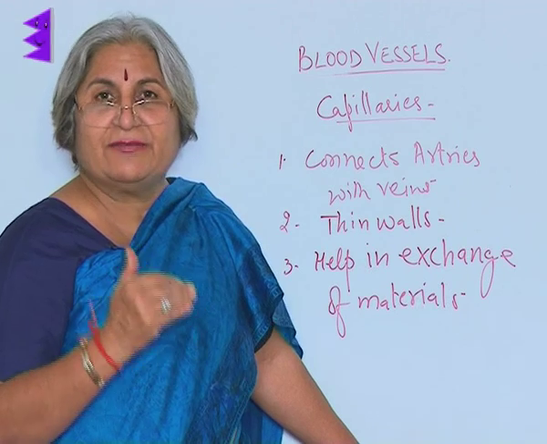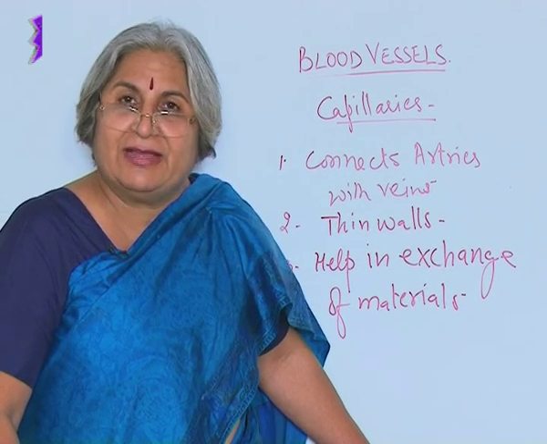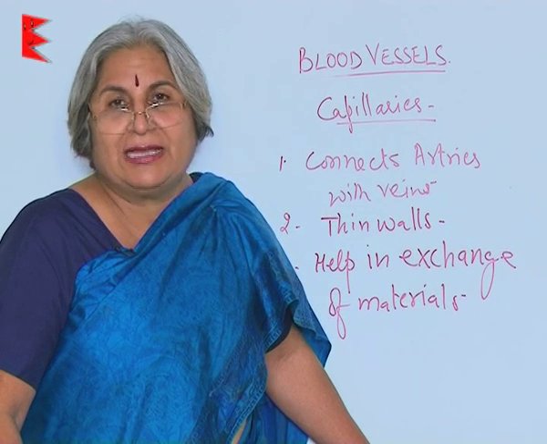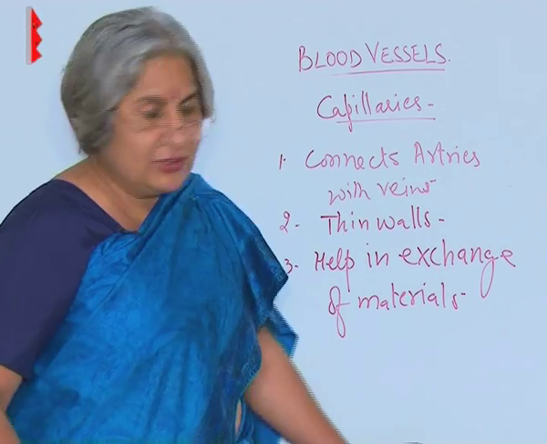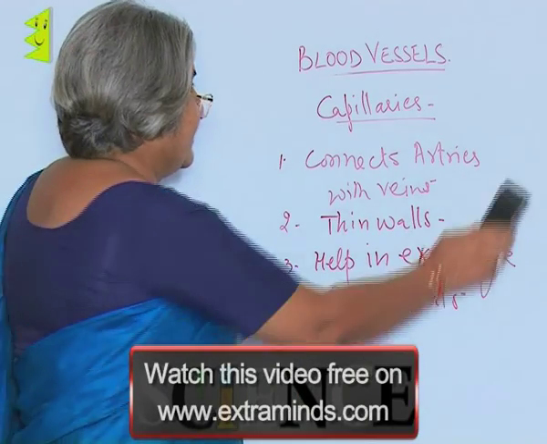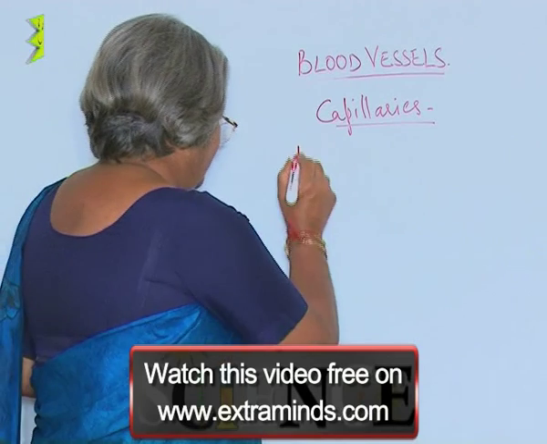In other words, we can also say that arteries break up into very fine vessels called capillaries which join together to form veins. So, it looks something like this. This is an artery.